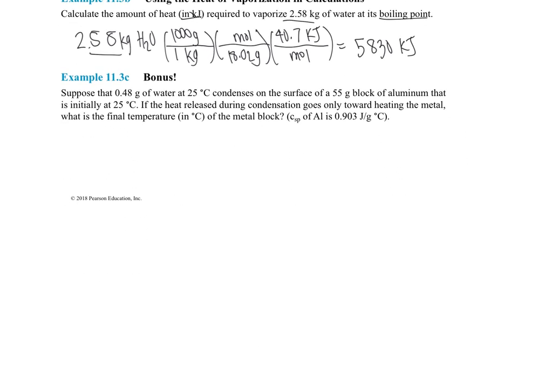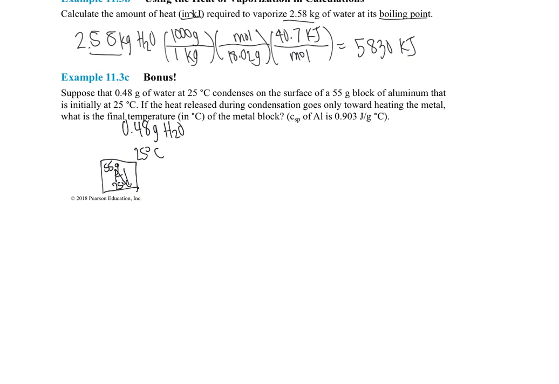Okay, so suppose we have 0.48 grams of water at 25 degrees Celsius, and then it condenses on a surface. Let's draw this up. I have an aluminum block, 55 grams of aluminum, at 25 degrees Celsius. Suppose that 0.48 grams of water at 25 degrees Celsius is going to condense on the surface.